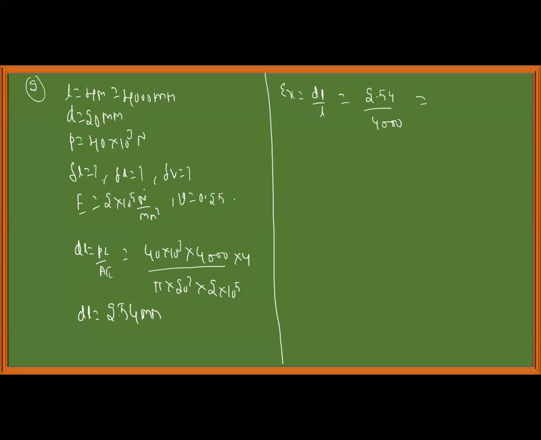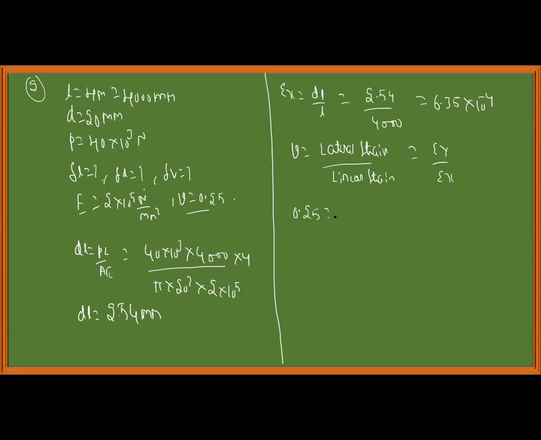You might have known that it is a lateral strain. Epsilon x is 6.35 into 10 power minus 4. We also know that Poisson's ratio is equal to lateral strain by linear strain, which is nothing but epsilon y by epsilon x. Nu is given in the problem as 0.25.